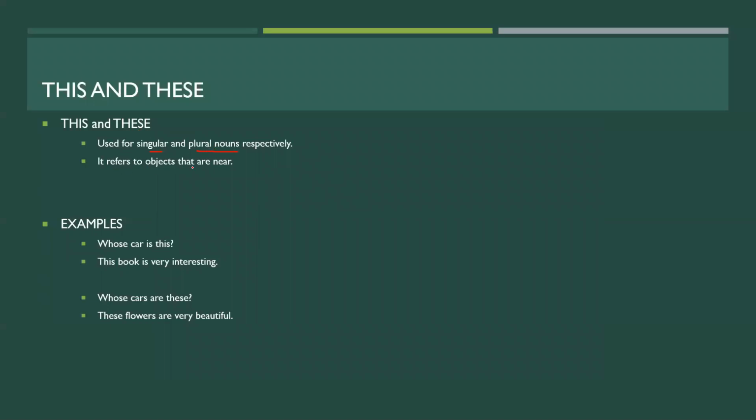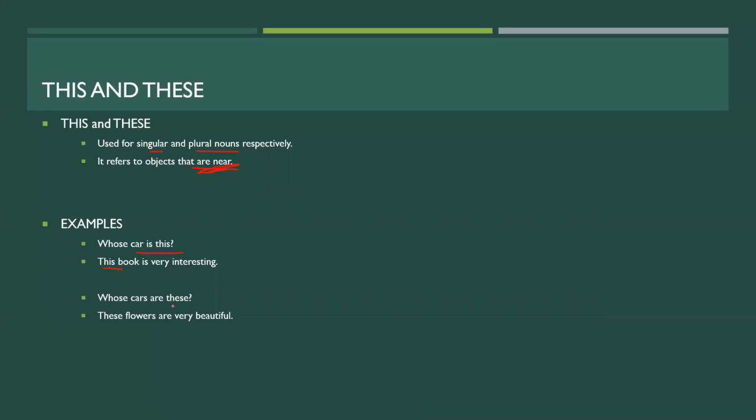It refers to objects that are near to us. This and these refer to the object which is close to us, just like: Whose car is this? We are pointing at a car which is very near. This book is very interesting, here the noun is singular.